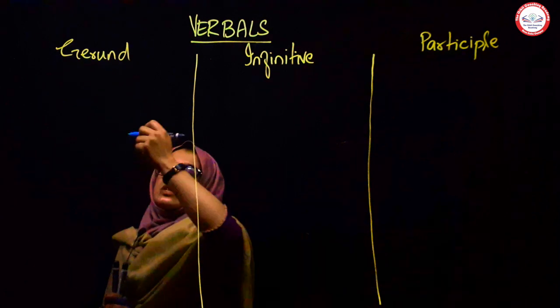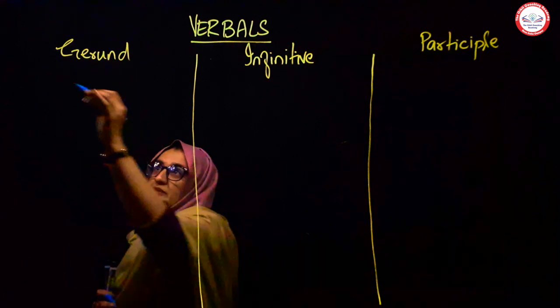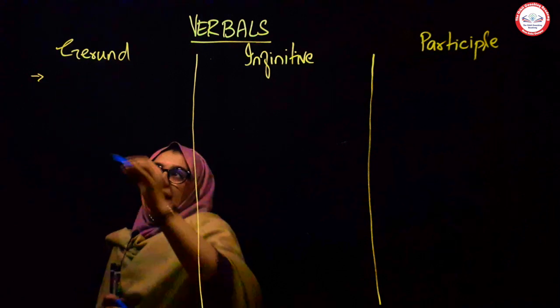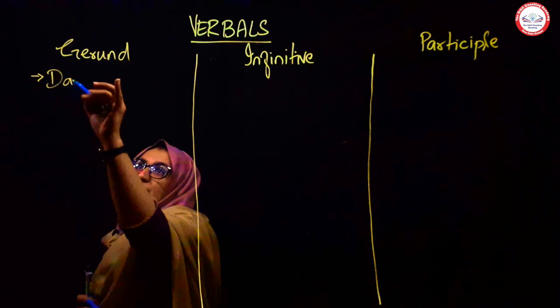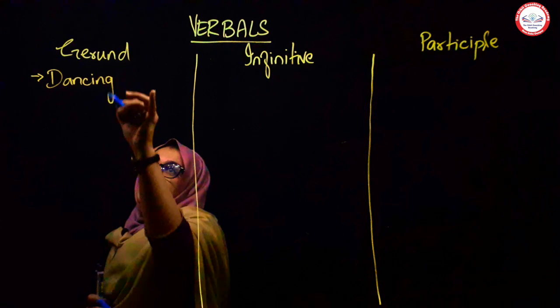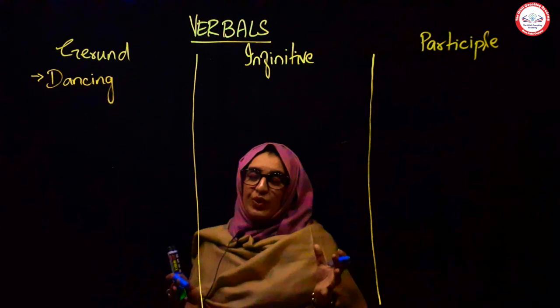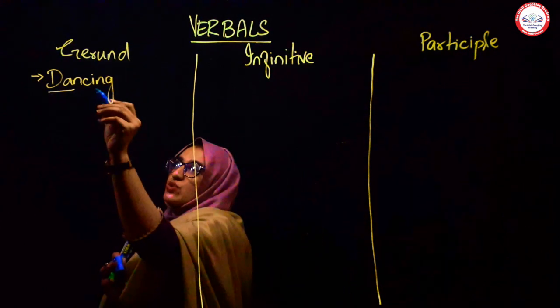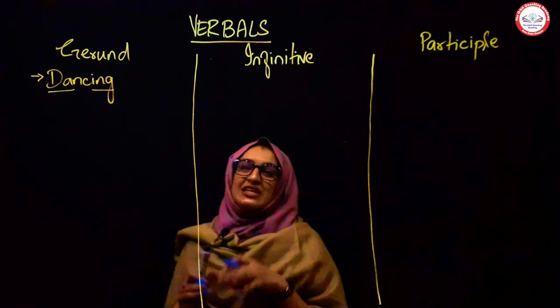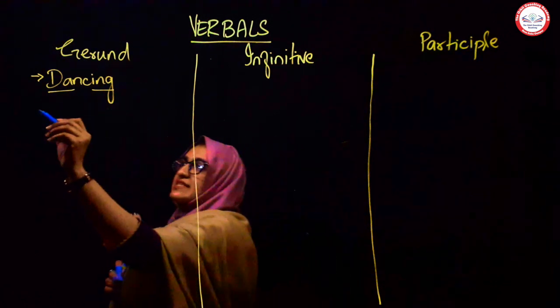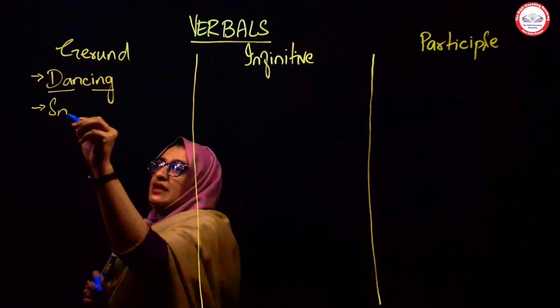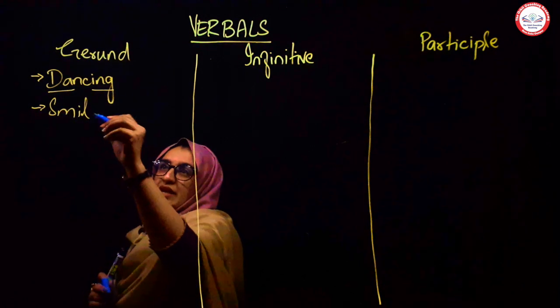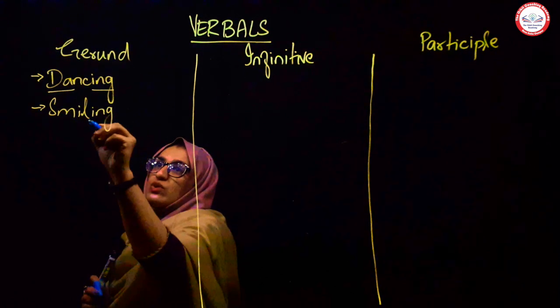First, we need to understand how we make a gerund. We use a word and we add ing to that word. For example, dancing. Dance is a word and we add ing to make it a gerund. The second one can be smiling. Smile is a word and we can add ing to this one.